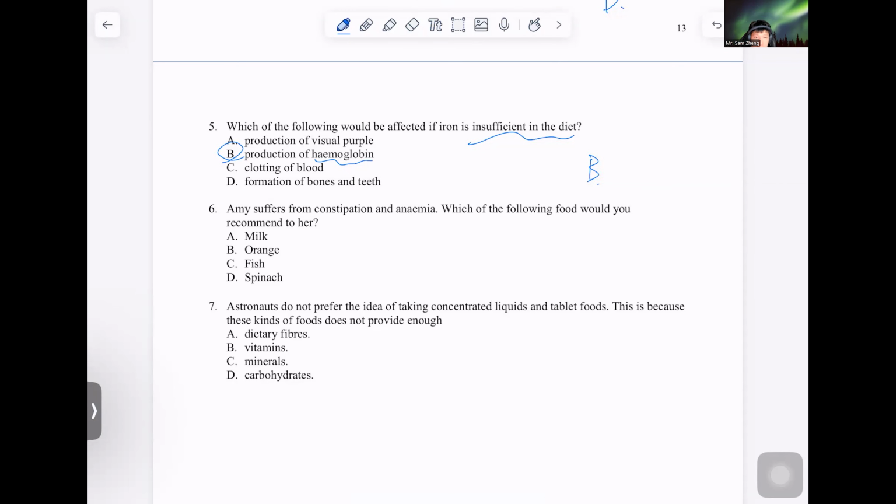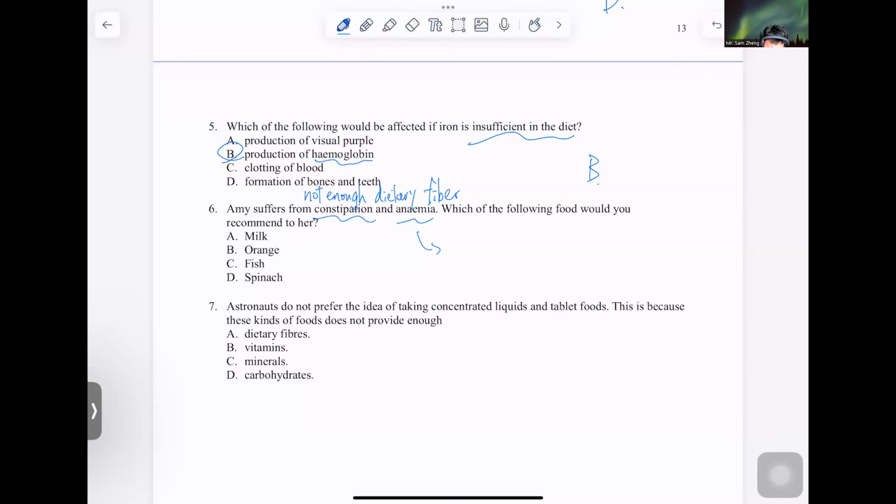Next, for Emmy, she suffers from constipation and also anemia. Which of the following food would you recommend to her? Constipation means there is not enough, insufficient, dietary fiber.